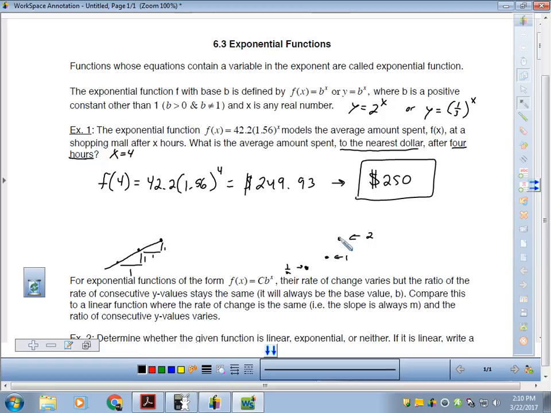But going from 1 to 2, that's going up by 1. So it's not going up by the same amount each time. Instead, exponential functions are multiplicative, meaning it multiplies by a number instead of adding a certain number. To go from 1/2 to 1, you multiply by 2. To go from 1 to 2, you multiply by 2. And so they're a little bit different than linear functions.